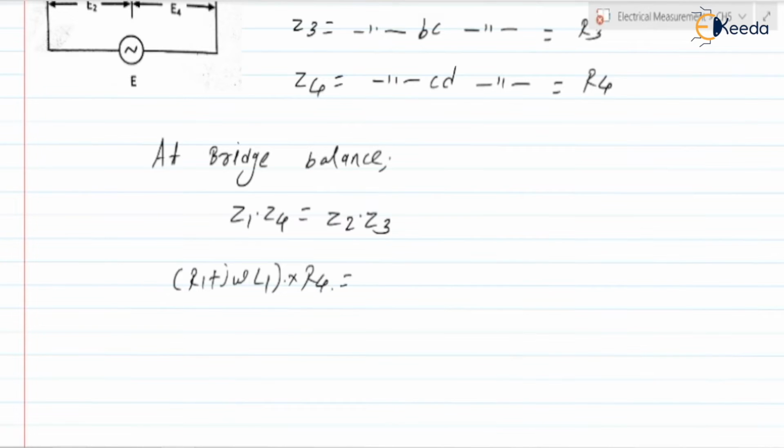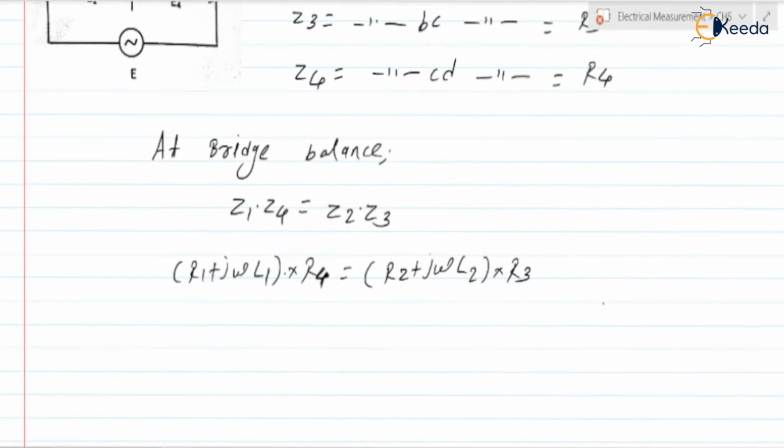Next, what is Z2? Z2 is R2 plus j omega L2, into what is Z3? Z3 is R3. So further, taking the product, it is R1 into R4 plus j omega L1 into R4 is equal to R2 into R3 plus j omega L2 into R3.